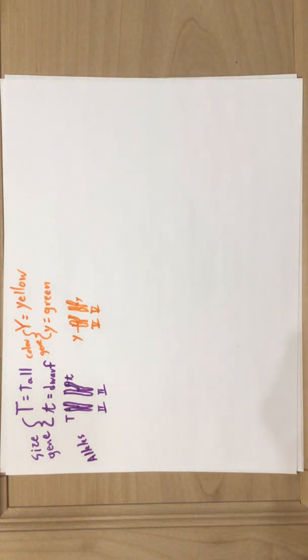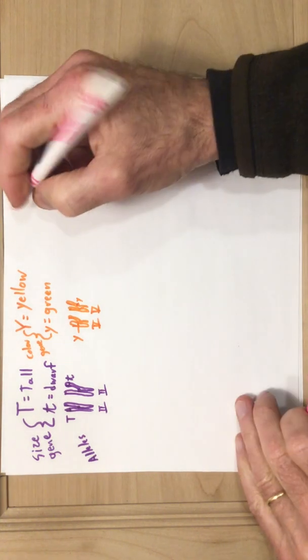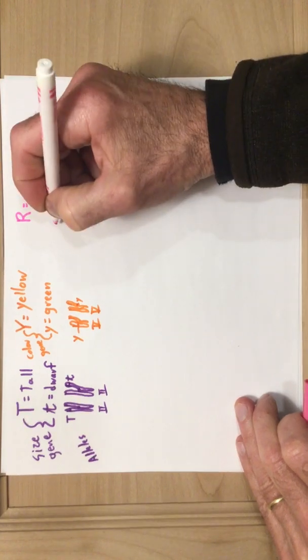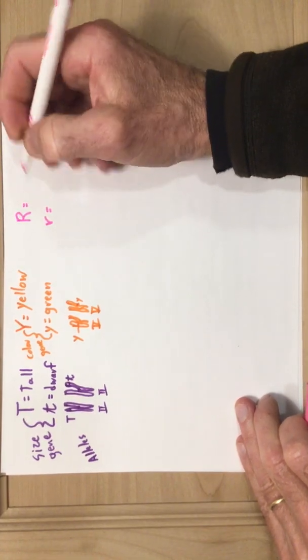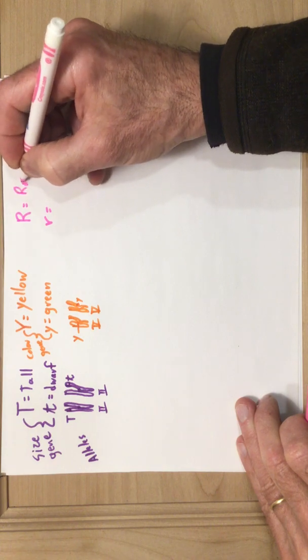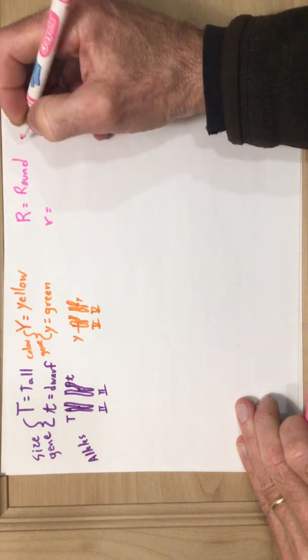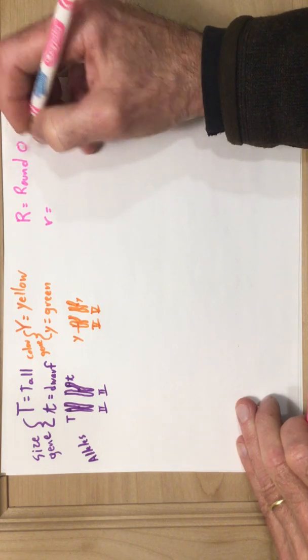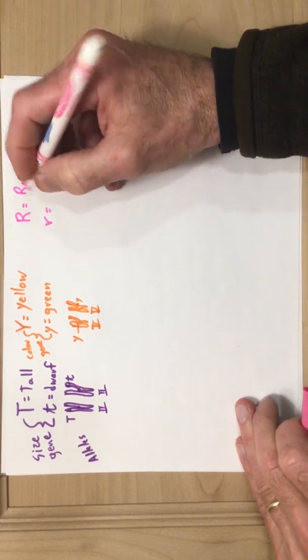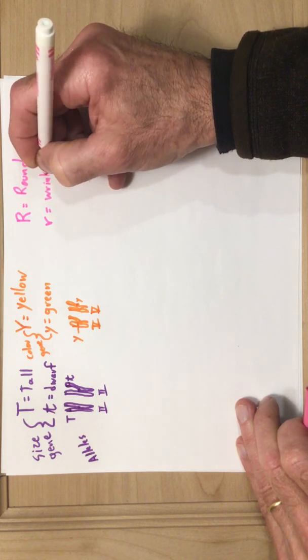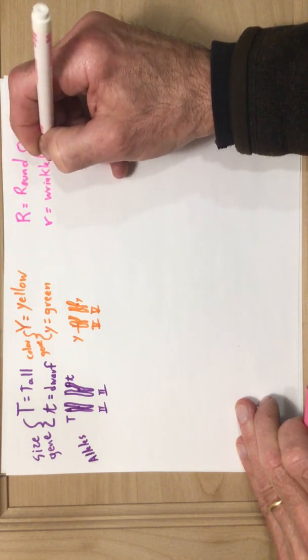And then the last one that we had to deal with in that question was the big R allele and the little r allele. The big R is the dominant version for a round seed. Okay, so the seed comes out round. The little r is a recessive version of that same gene that causes, for various reasons, the seed to turn out wrinkled.